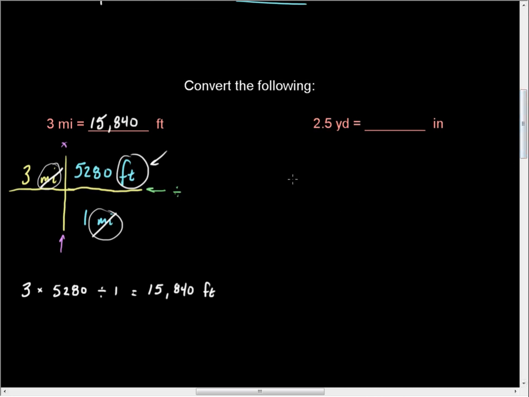And so I just start with my 2.5 yards. And in the very next conversion, I'm in yards, and I want to convert to feet, because I'm going to go from feet to inches. And so there's 1 yard is 3 feet.